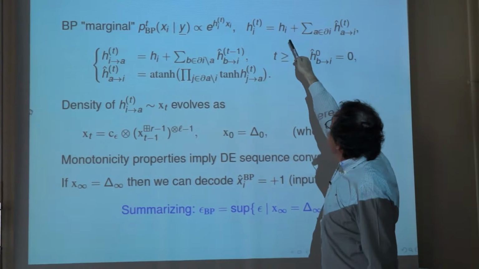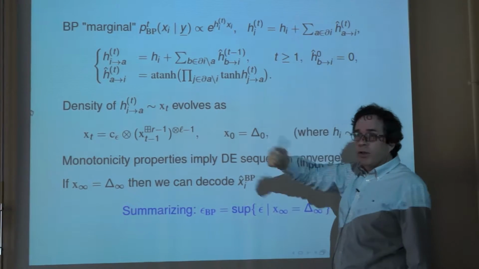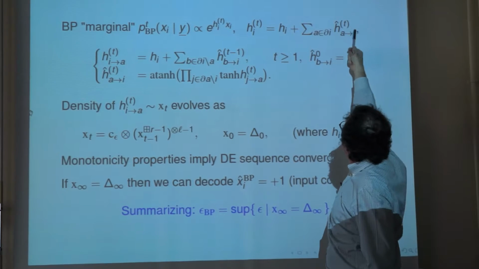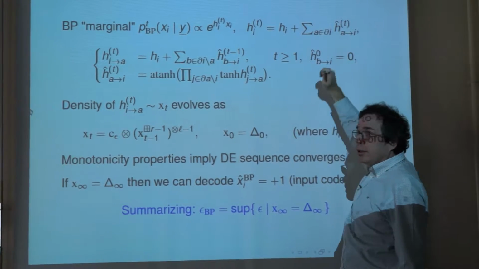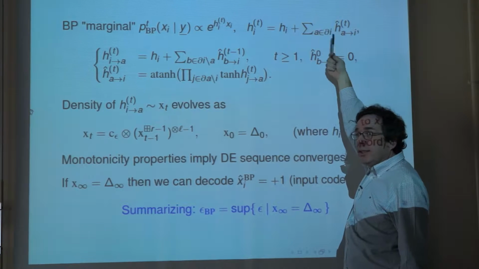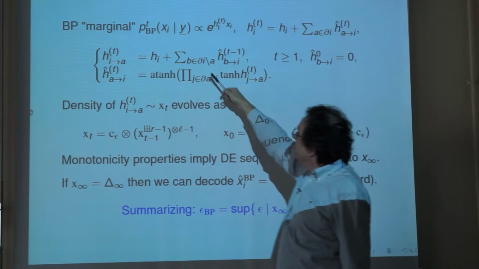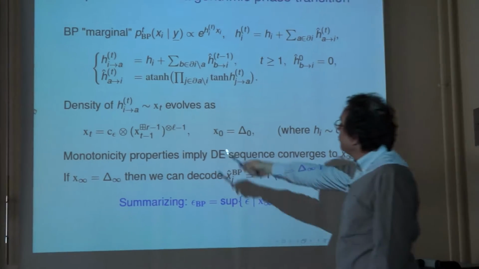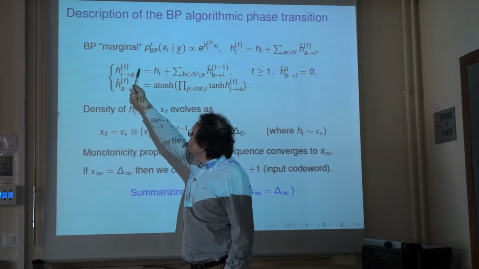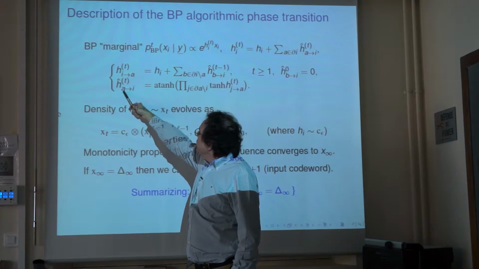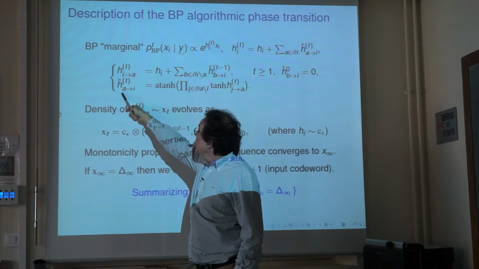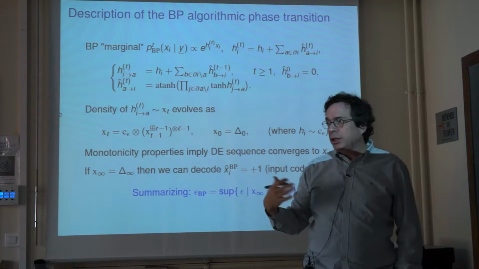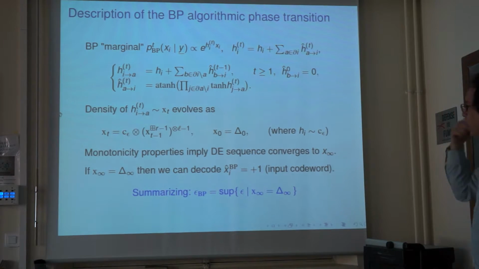This is computed by taking what comes out of the channel, the prior you know about the bit, and then you add these improvements to the log likelihood that are computed by the message passing belief propagation equations. Here you have messages that go from variable nodes to check nodes, and then messages that go from check nodes, the hat, to variable nodes. If you have never seen these equations, it doesn't matter, it's just an iterative algorithm.